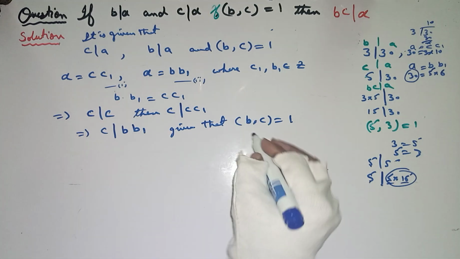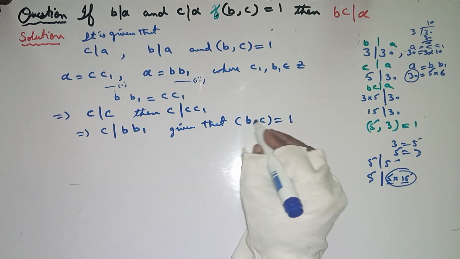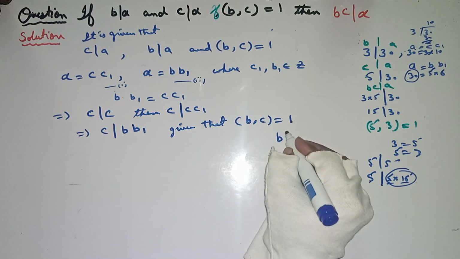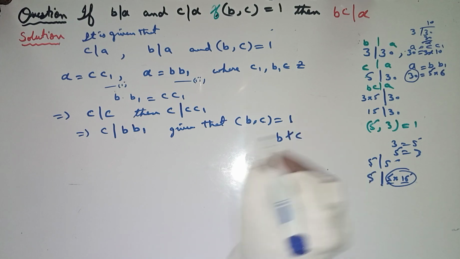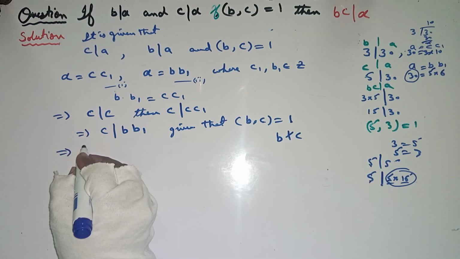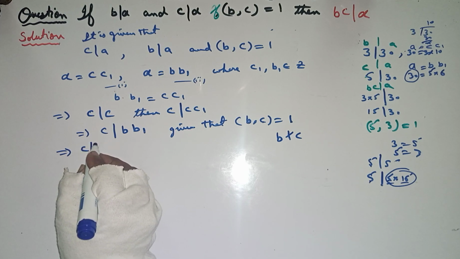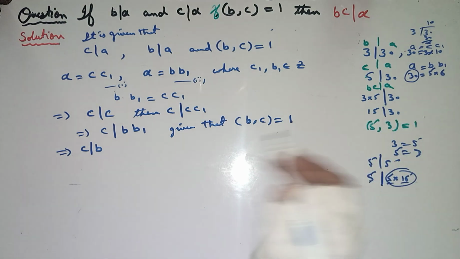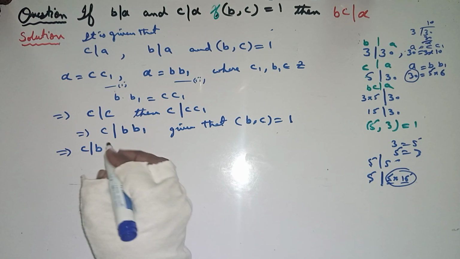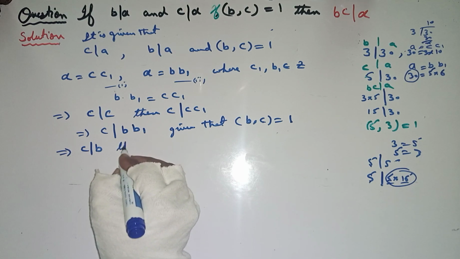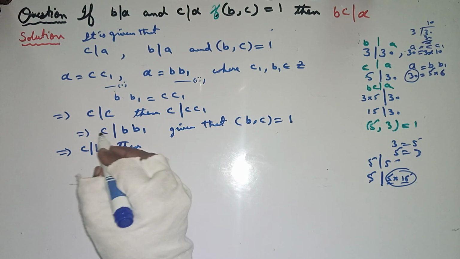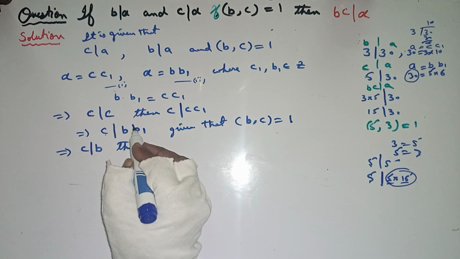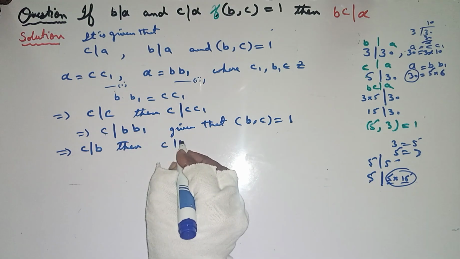Okay, so if they do not have any common divisor greater than 1, then B does not divide C. It is understood, which implies C does not divide B. Okay, B does not divide C, and C does not divide B. Then if C divides the product of these and does not divide B, it is understood that C must divide B1.